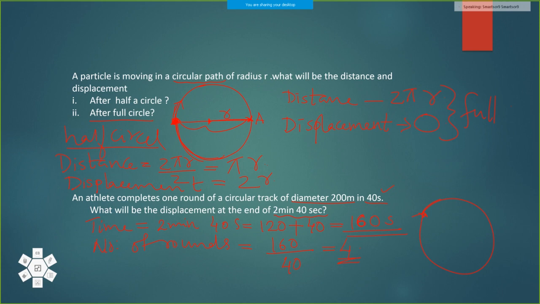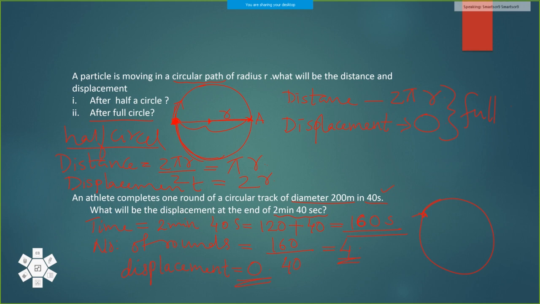So what will be the displacement, you know? Here the initial point and final point coincide, because he has completed rounds and come back to the initial point. So the displacement will be 0. So it depends on the time. You have to check the time and convert it into seconds.